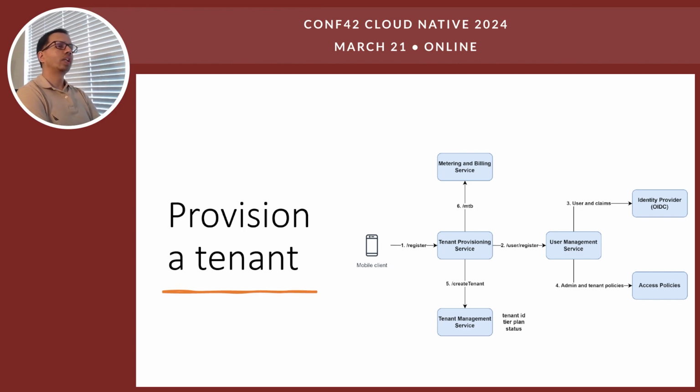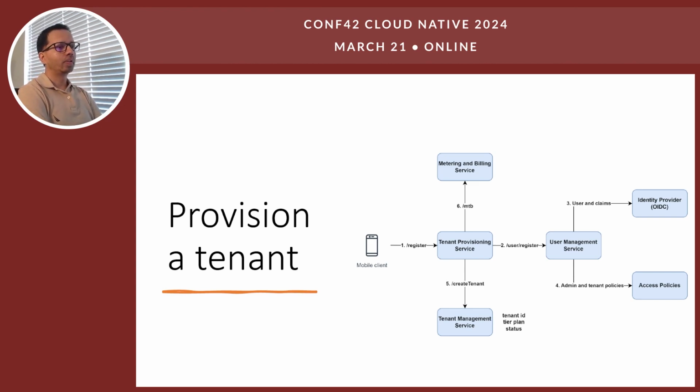And also we can apply some access policy as well, like if we want to provide some rights, like someone is admin or some other kind of tenant policies. Once these things are done, then we can optionally call a tenant management service where we can create a tenant ID.